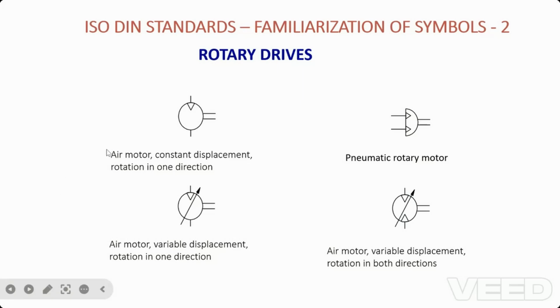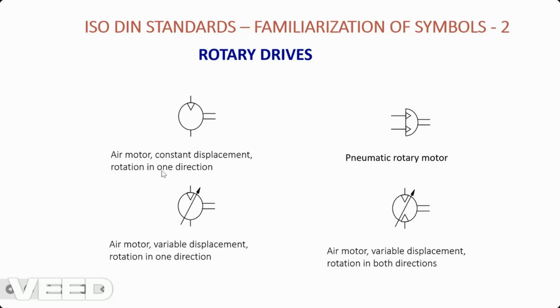As the name says, air motor with constant displacement and rotation in one direction. That directional movement can be sent to another component with the help of a shaft. On the right side, we can see a shaft has been connected. For example, I can place a gear on the shaft, so that whenever the shaft is rotating, I can attach a chain to that gear, and that chain will convert this rotary movement into a straight line.